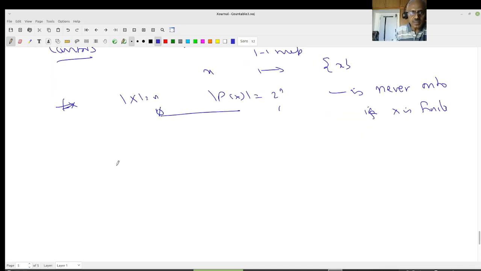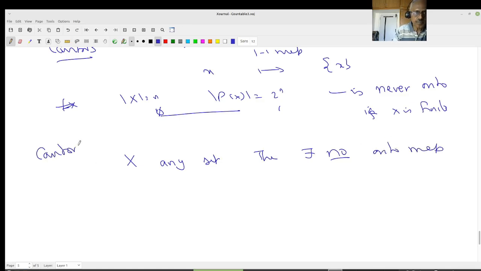But what Cantor proves is, let X be any set, then there exists no onto map from X to P(X).